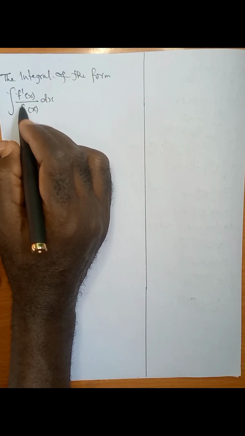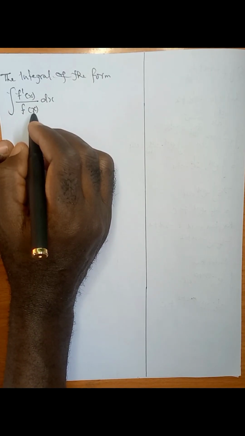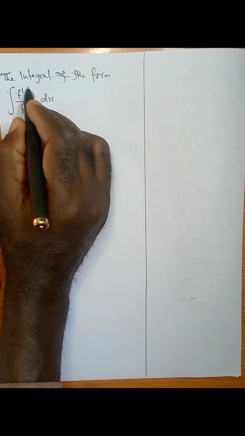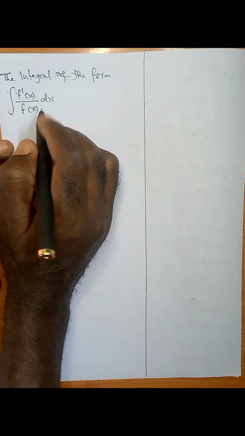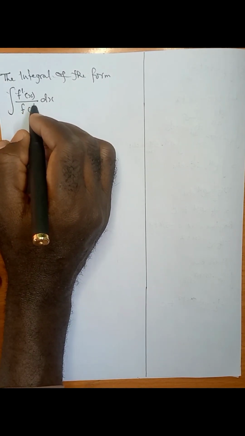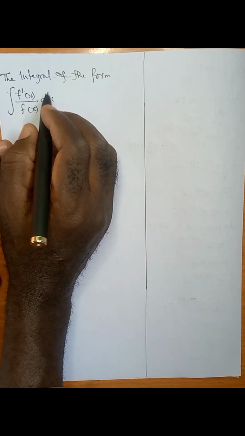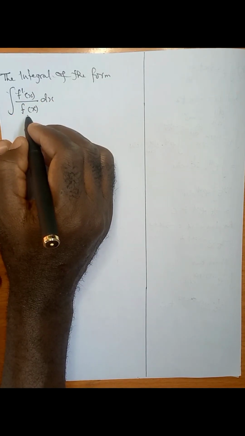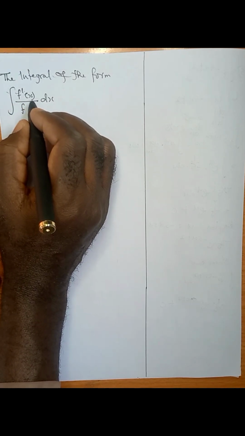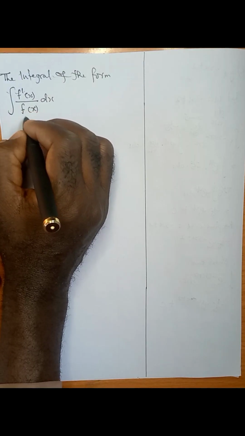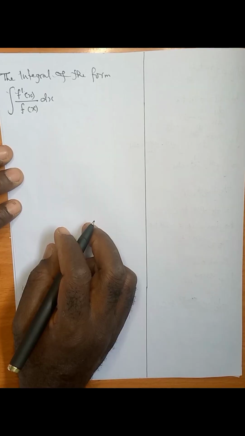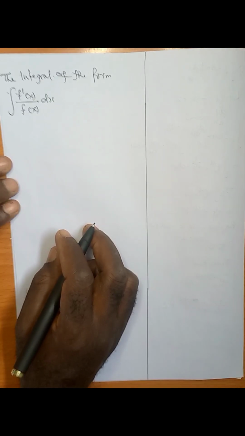That is, if you have a fractional integral like this, such that the numerator is the differentiation of f of x. Remember, f prime of x means differentiation. If you have a fractional integral such that the numerator is the differentiation of the denominator, how do we deal with this one? That's exactly what we want to learn in this session.